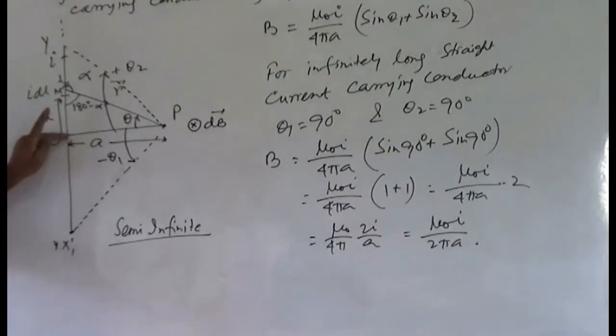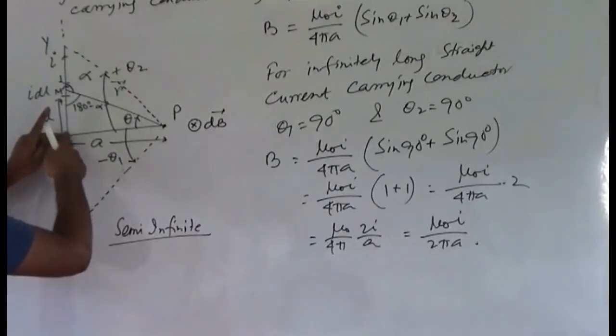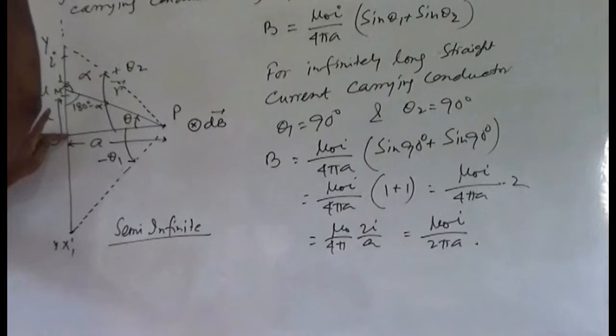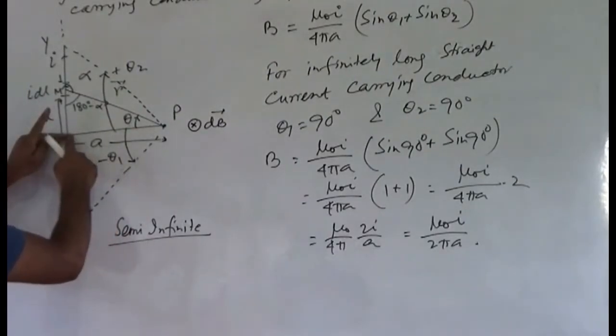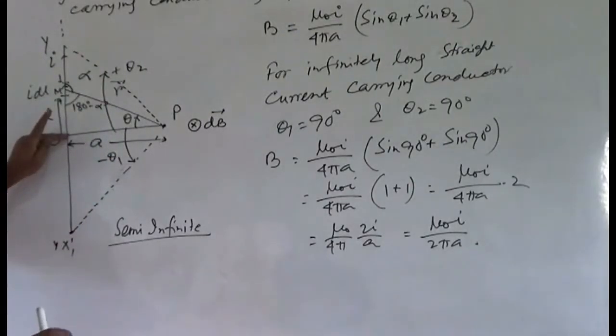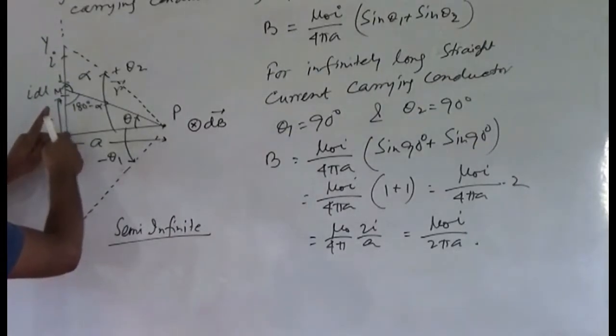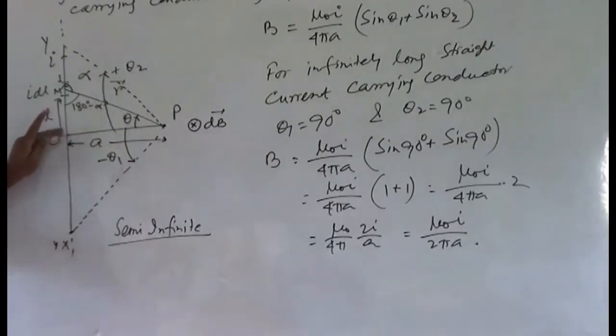That means the field point is here, the conductor starts here, right? If in the upper direction it goes up to infinity, then theta 1 is equal to 0 degrees, because it starts from here, and theta 2 is equal to 90 degrees. And if it extends in the lower direction, starting here, then theta 2 is equal to 0 degrees and theta 1 is equal to 90 degrees.